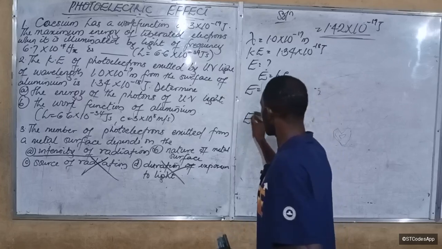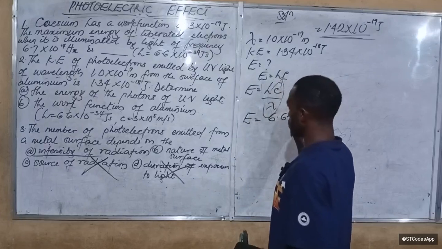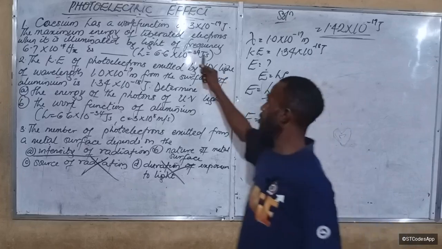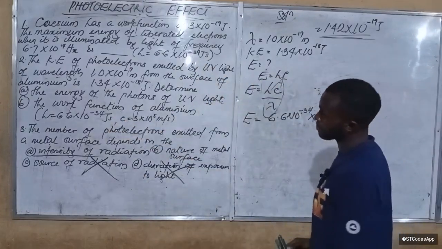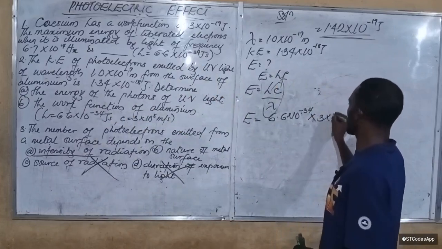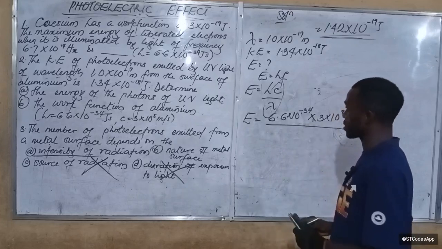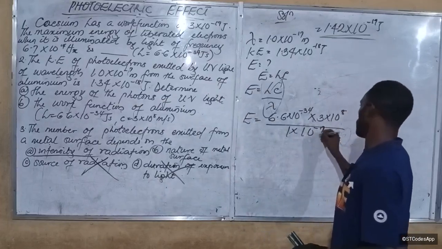So E will be equal to h, which is 6.6 times 10 to the power minus 34, times c, which is 3 times 10 to the power 8, over lambda, which is 1 times 10 to the power minus 7.